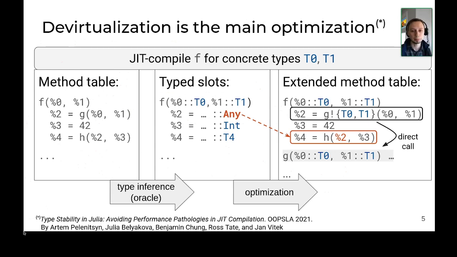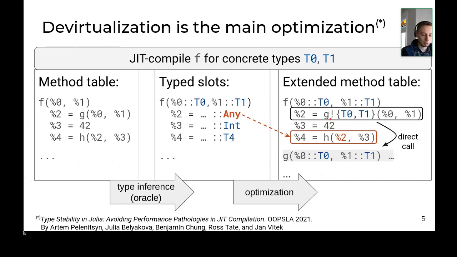Some time back we wrote an OOPSLA paper about how the JIT operates exactly, and the way it operates is, given some concrete input types, it runs some kind of type inference algorithm, and it tries to devirtualize as many calls as possible. And those devirtualized calls are essential for all the other possible optimizations you can think of, like inlining or unboxing.